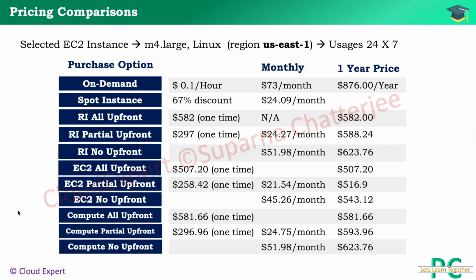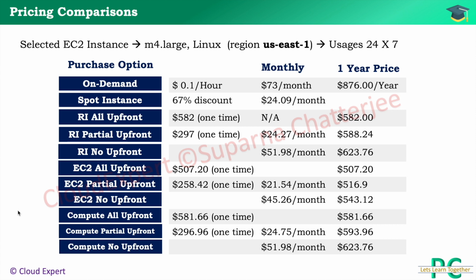And if you see over the month, I have to pay $73. If I go for a year, it will be $876. If I go for a spot instance, I'll get a 67% discount. The monthly charges will come to $24.09. I haven't placed any yearly price because spot is not the ideal use case for a 1 year duration.